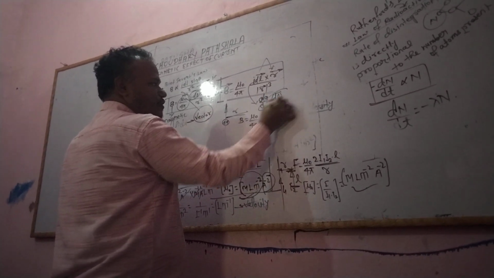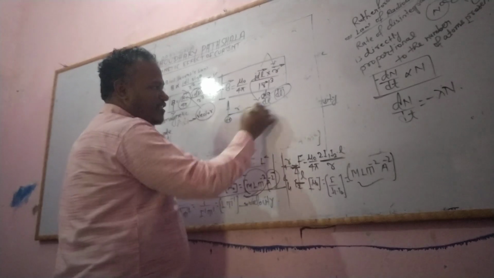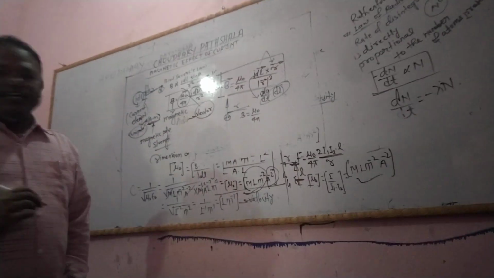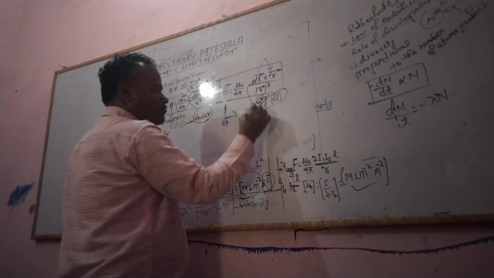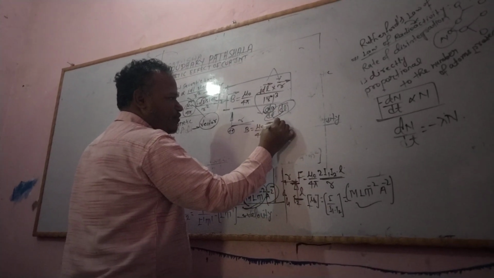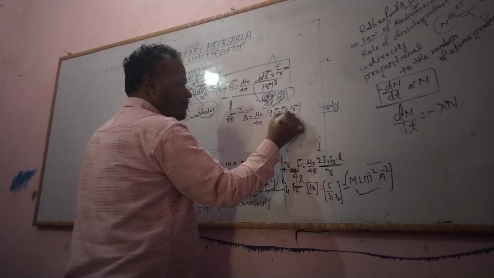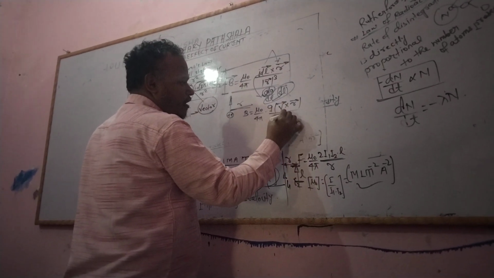Are you understanding? So dl upon dt must be equal to v. Now your equation will be dq, here q, and dl upon dt will be equal to v, cross r upon modulus of r cubed.